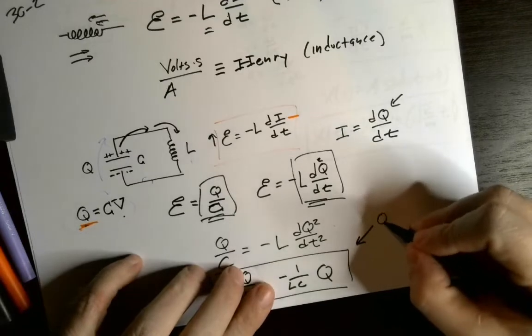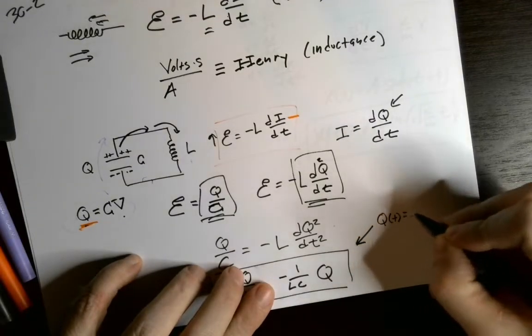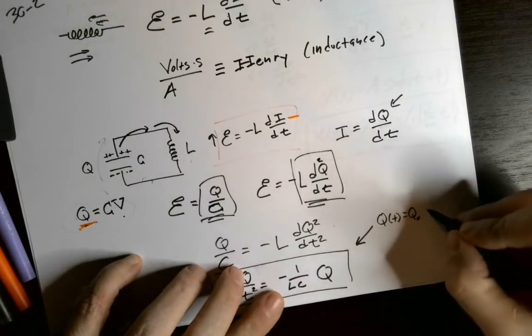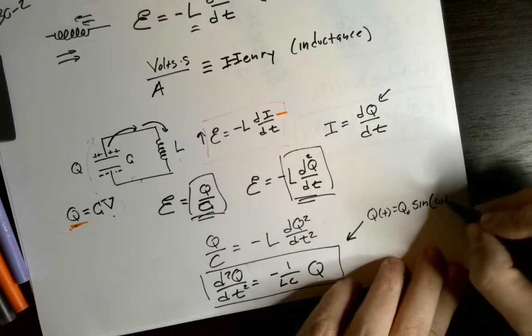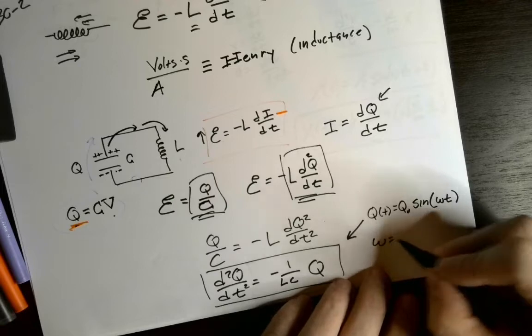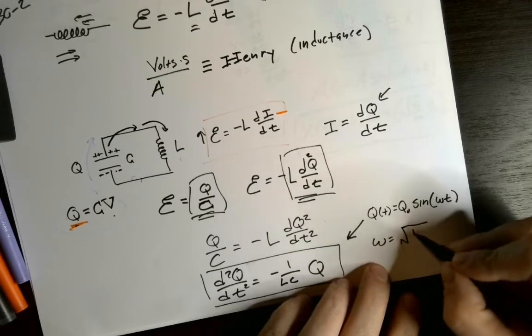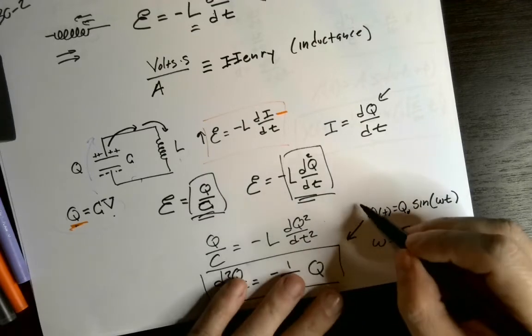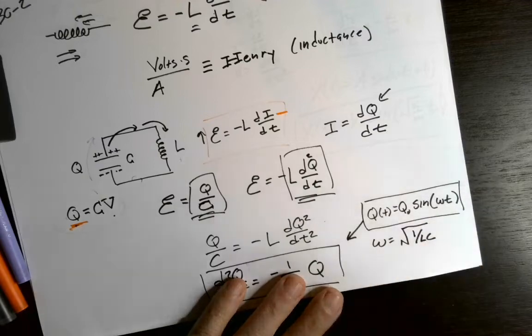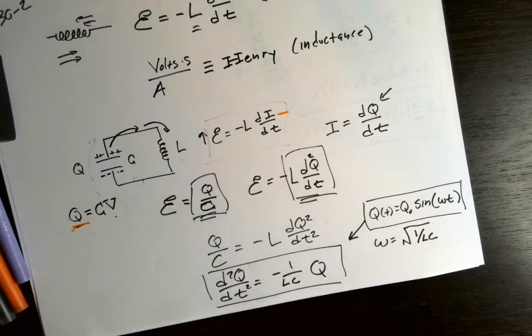So we know that the solution to this is Q of t equals some initial charge times sine of omega t, where omega equals the square root of 1 over LC. I don't even have to do any calculus to solve this differential equation because it's an old friend that I recognize, and I should be able to just write down the solution.